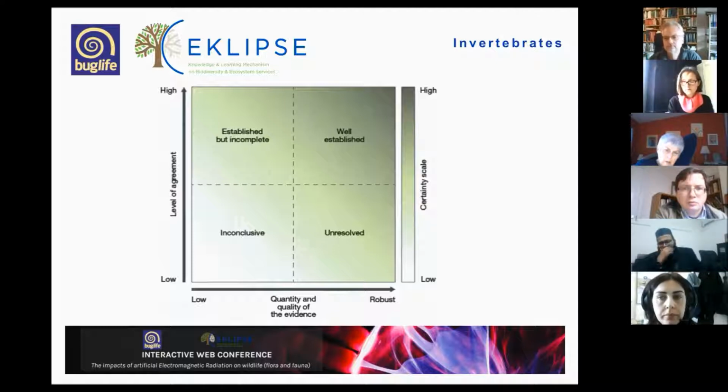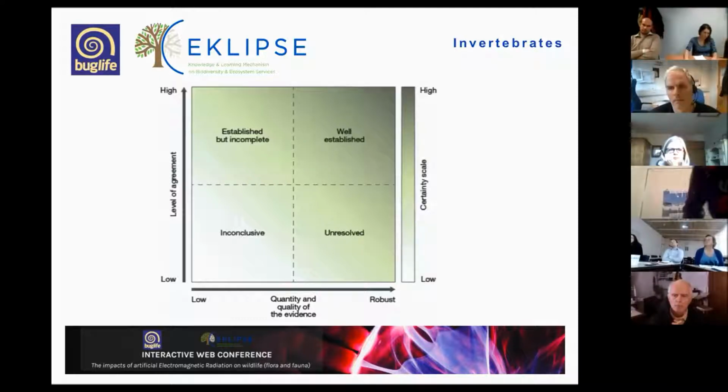And ideally, we would like to be in the top right corner. So we want evidence to be well established, which means that we have good quality evidence and good quantity of evidence, which means several studies have found the same thing. And if the studies actually agree with each other, then we are in the top right corner and we have well established findings, which is the ideal case.